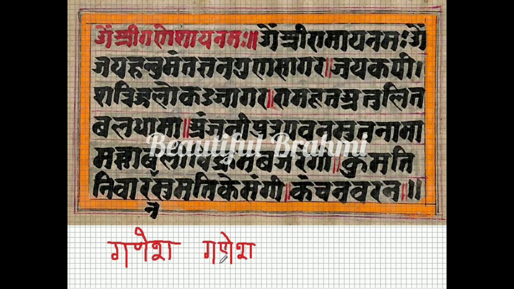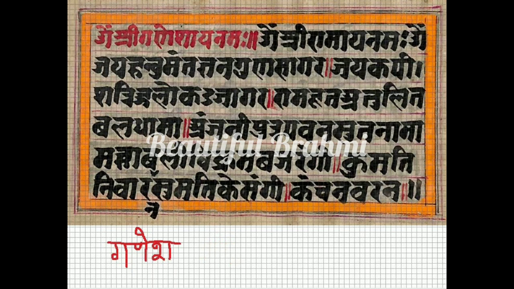It should be noted that the Shirorekha is not entirely absent in the Nagari script, but it is partially absent. In the Gujarati script, the Shirorekha is entirely absent. For example, Ga, Ne, and Sha. So in Gujarati the Shirorekha is entirely absent, but in Nagari it is partially absent. It is discontinuous, essentially.